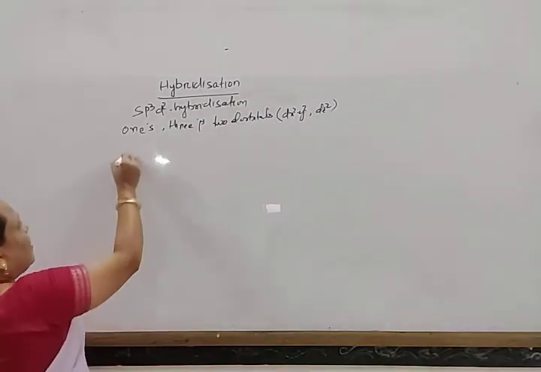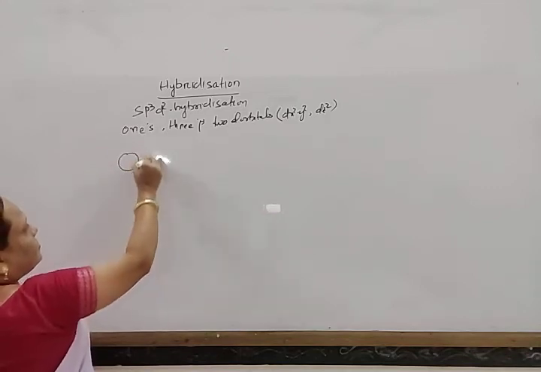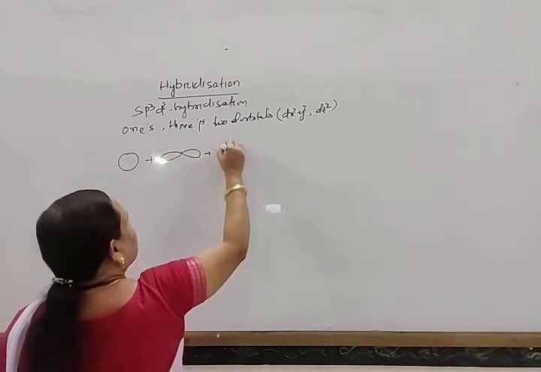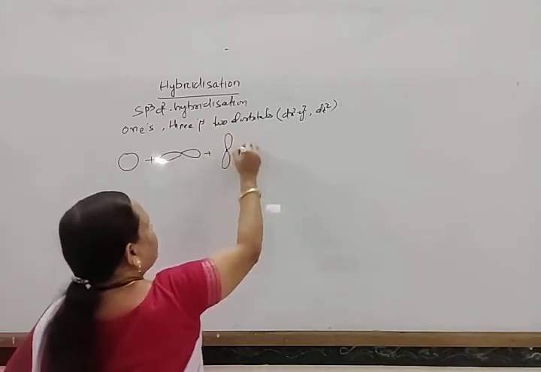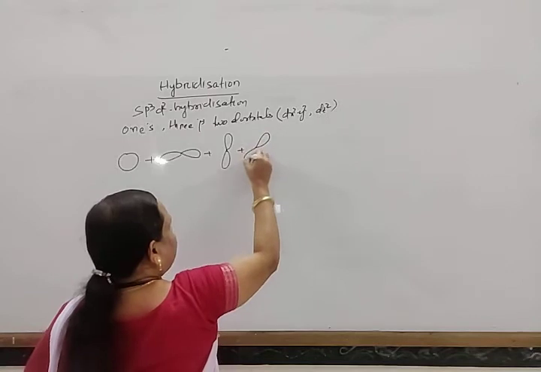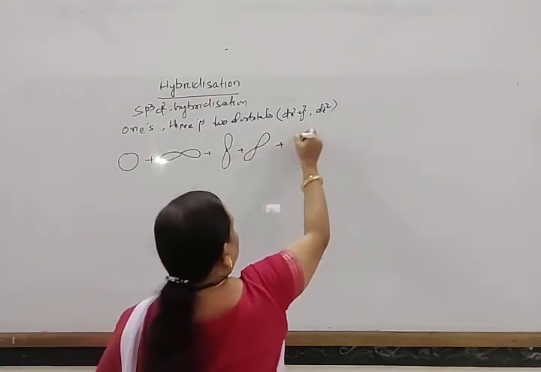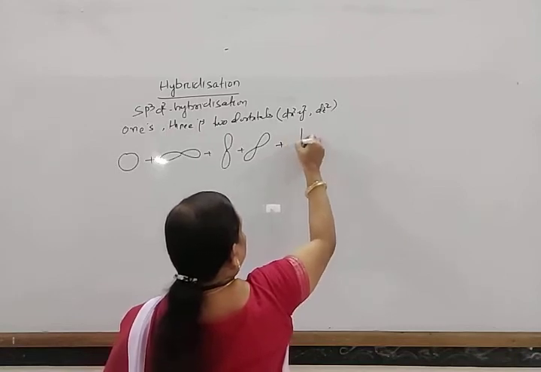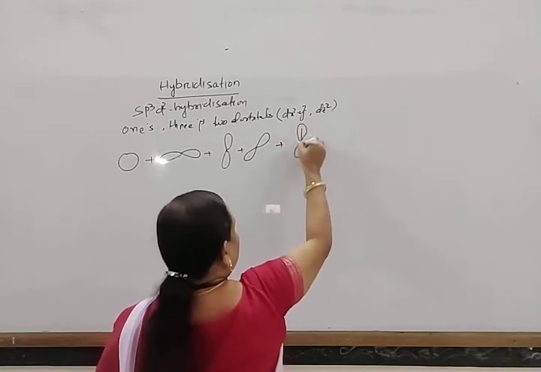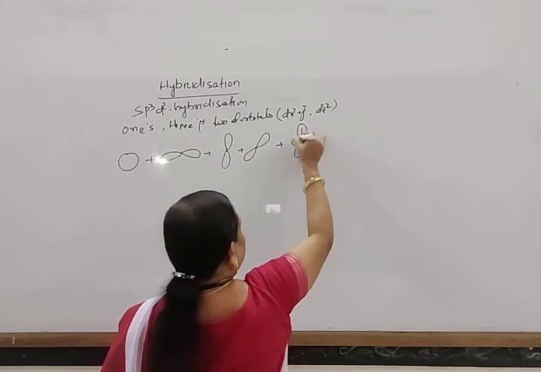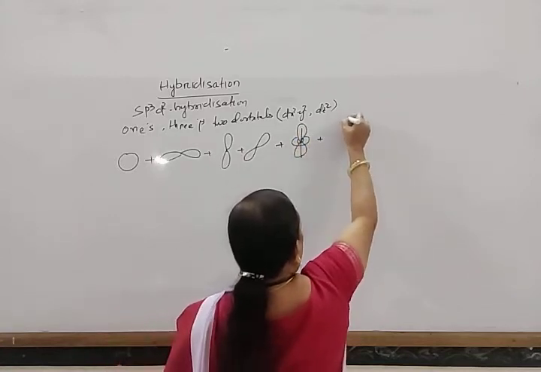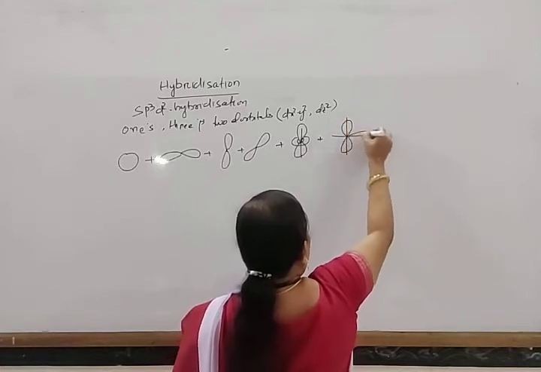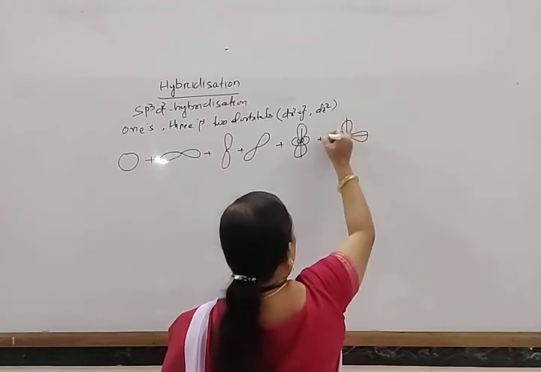So one s orbital and three p orbitals, px, py and pz, plus the dz square orbital, which remains like this, and another which remains along the axis, the dx square minus y square orbital.